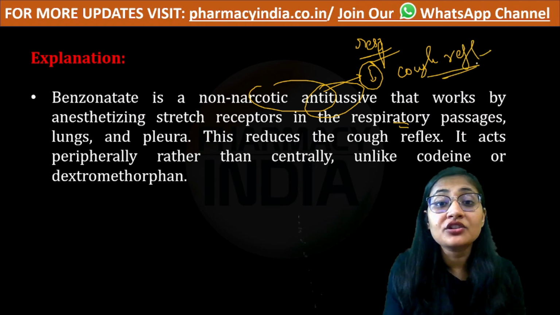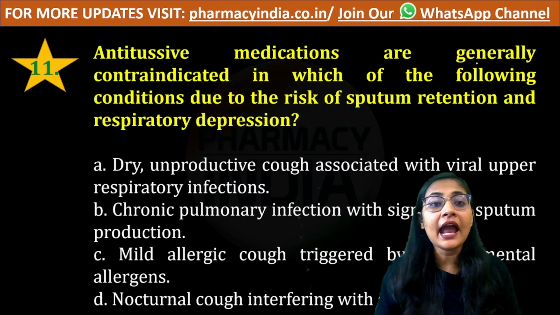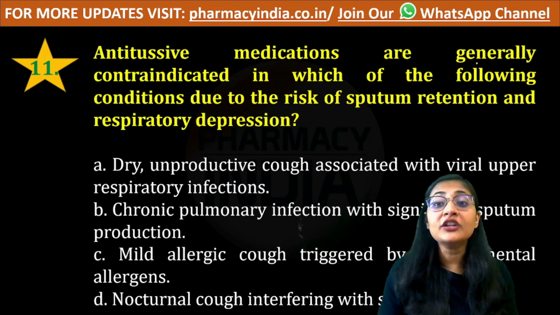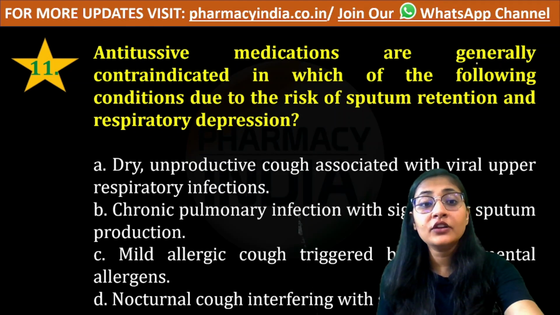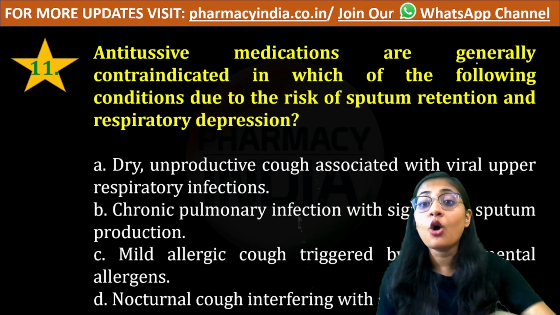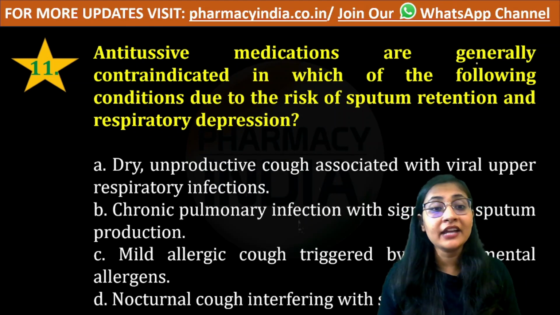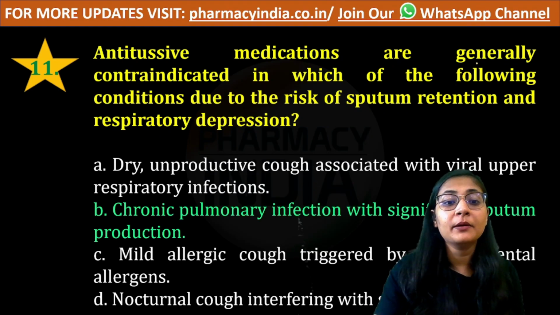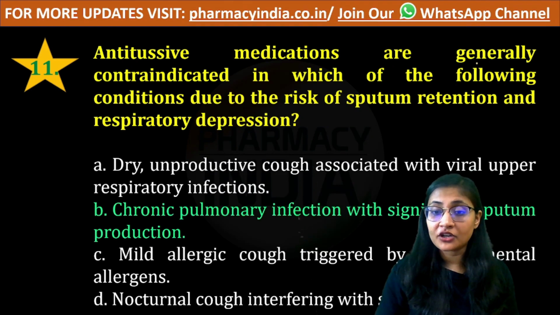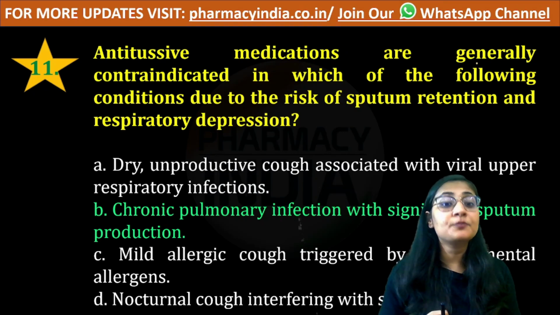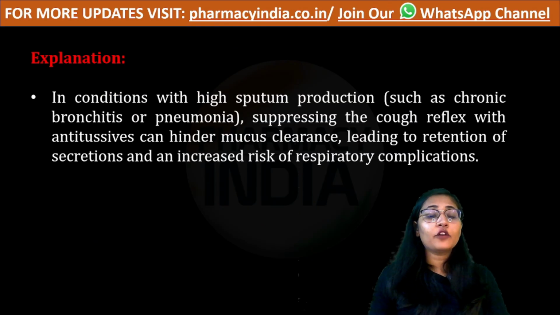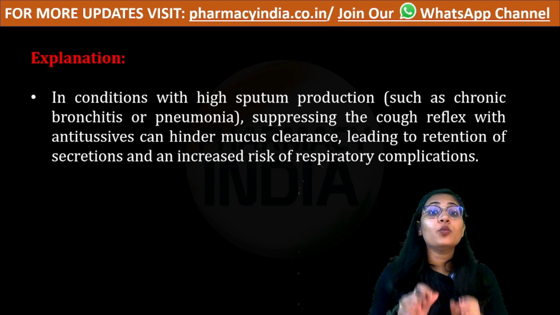Next is question number 11: antitussive medications are generally contraindicated in which of the following conditions due to the risk of sputum retention and respiratory depression? Correct answer is option B, chronic pulmonary infection with significant sputum production. Let's move towards the explanation.